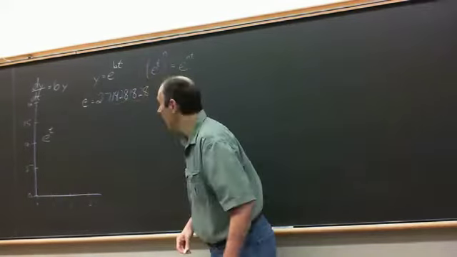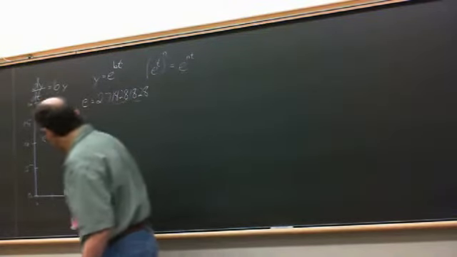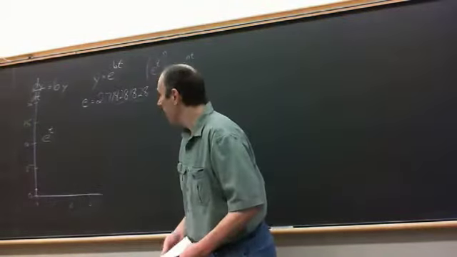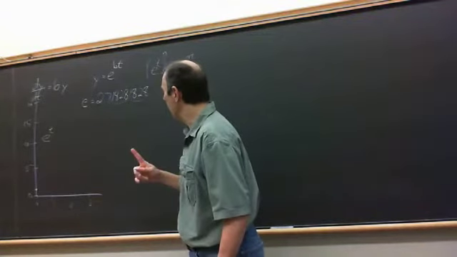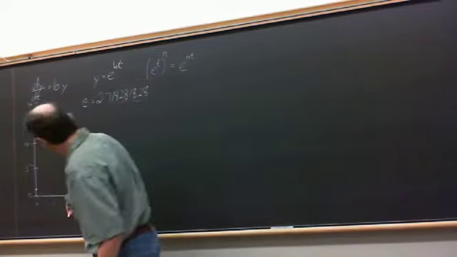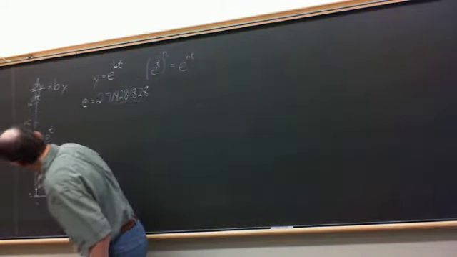Alright, so e to the 0. Anything to the 0 is 1. So it starts off not at 0, but at 1. And then it begins to rise. E to the 1 is going to be just e. So that's about 2.7. So it's about halfway, a little more up here.